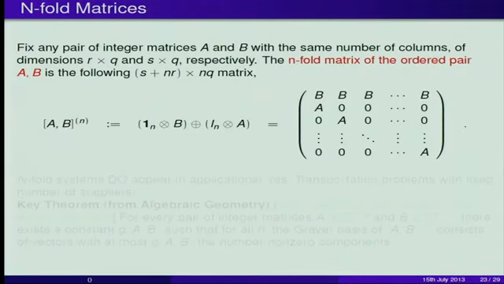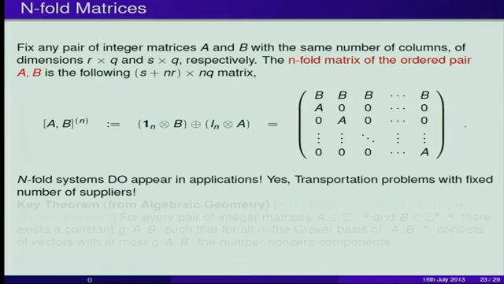So let's talk about what the nice matrices are. The nice matrices that I'm proposing are exactly the n-fold matrices. Remember, I have n copies of B on top and n copies of A going down. These matrices have a nice property.